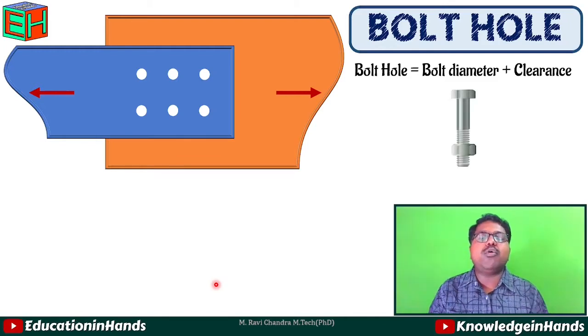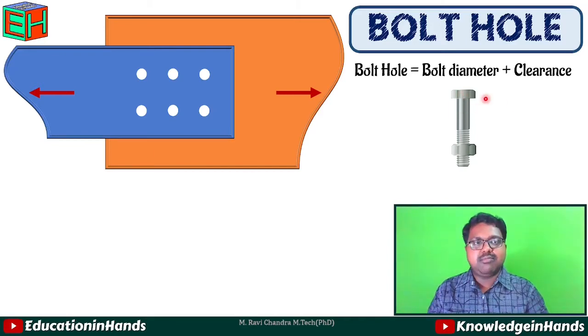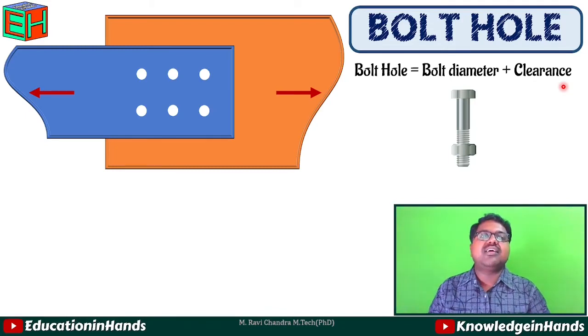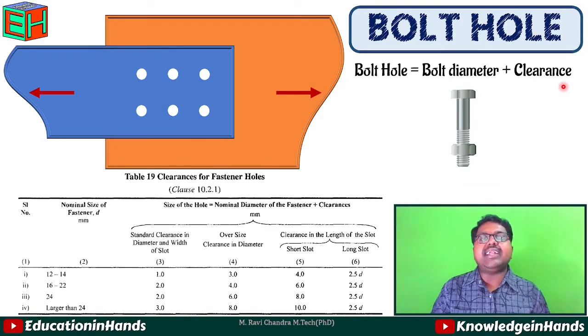We know that bolt diameter is the diameter of the shank of the bolt which we are using, plus clearance. How do we get this clearance? For this we have Table 19 in IS 800:2007, which provides clearance for the bolts.